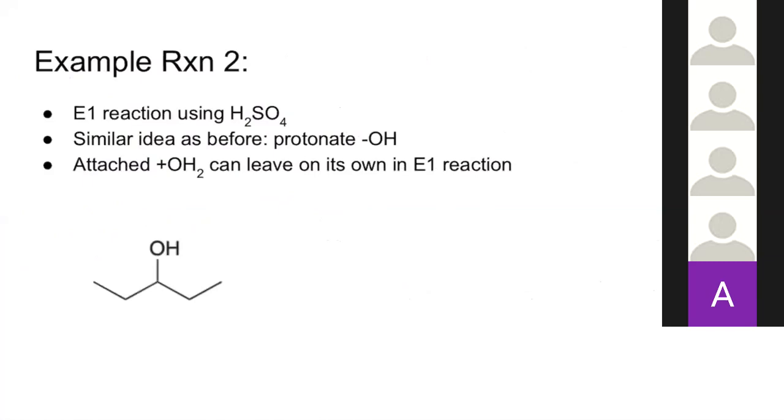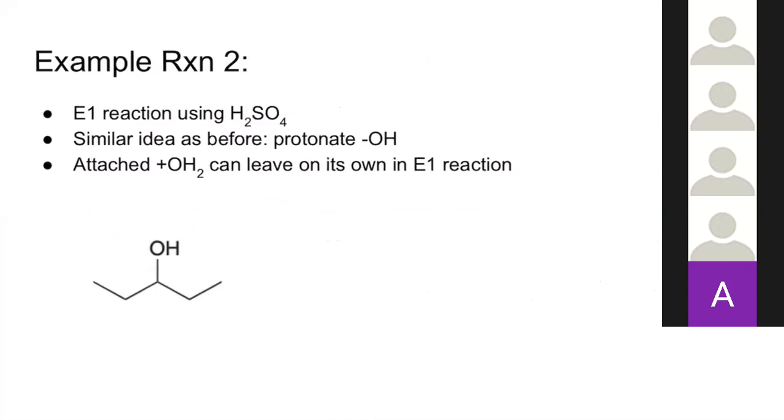A second reaction using the protonation of an alcohol that comes up often in 3570 is doing an E1 reaction with your alcohol and H2SO4. So again, it's got the same idea as the reaction we just covered a slide ago, where we protonate the alcohol first.